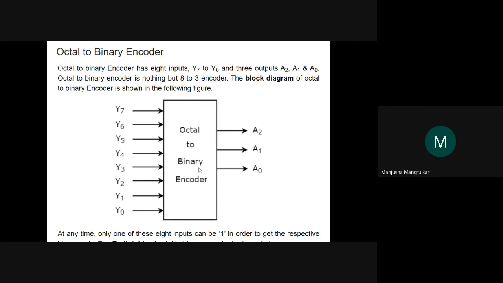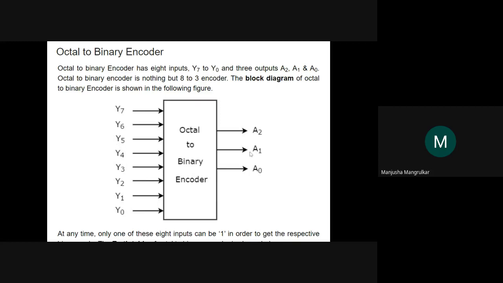At a time only one input is 1. So according to that condition, suppose Y1 is 1 and rest all are 0, that means your A2, A1, A0 is 0, 0, 1. Suppose Y1 is high, 1, rest all are 0.